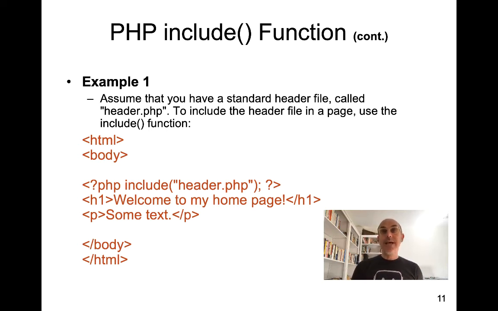So I will say to my code, I will start the PHP with the question mark PHP, include, and I will say the name of the file, and it will say welcome to my home page, and I will give some text.